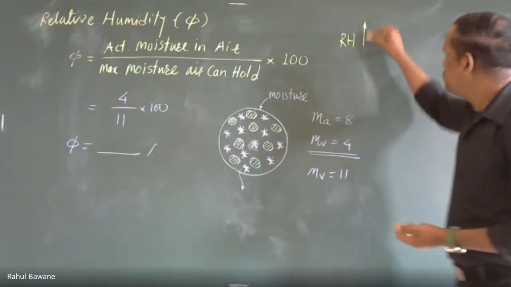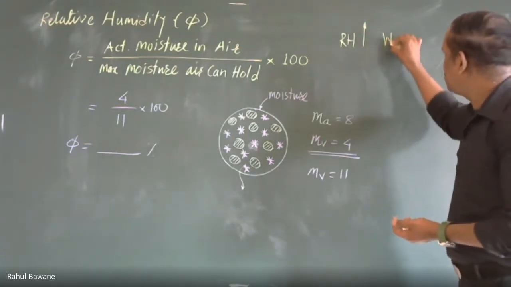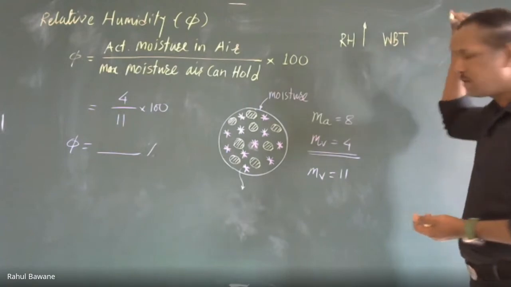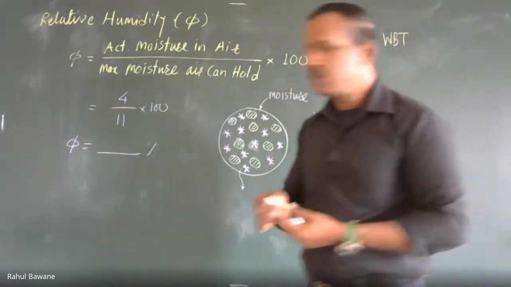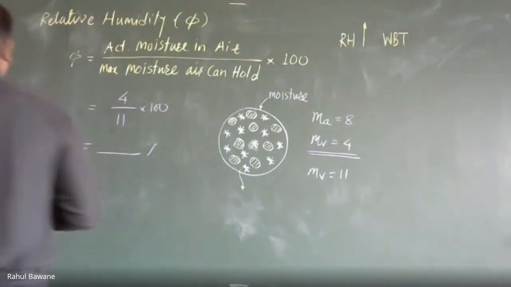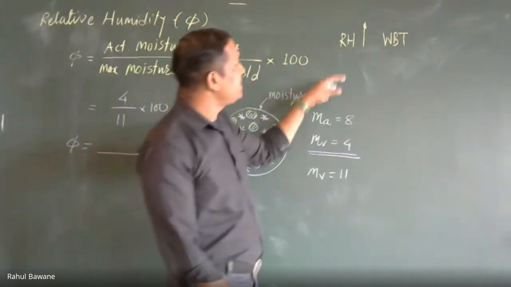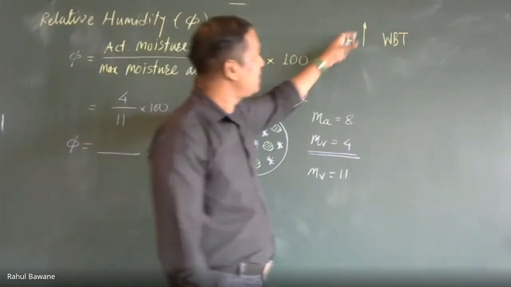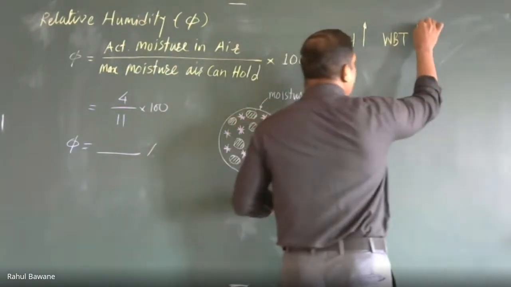So if relative humidity increases, what happens to wet bulb temperature? No doubt, relative humidity increases, that means adding moisture, so its temperature will reduce.